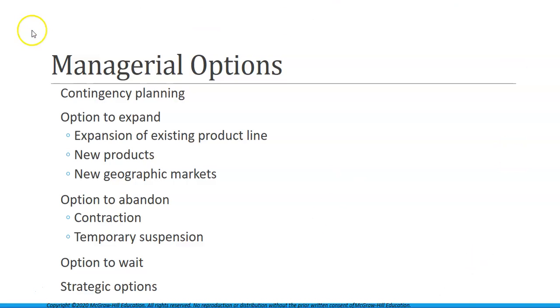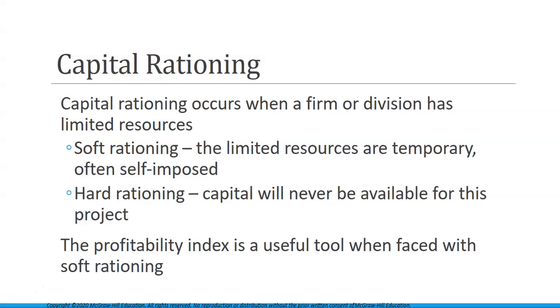Another thing that we have to think about is capital rationing. Capital rationing is just a fact of life, honestly. It happens to us every day. What if I want 4 things that each cost $100, but I only have $100?